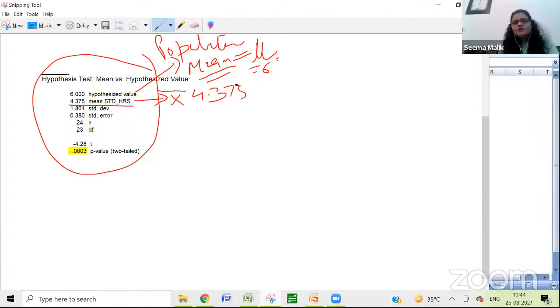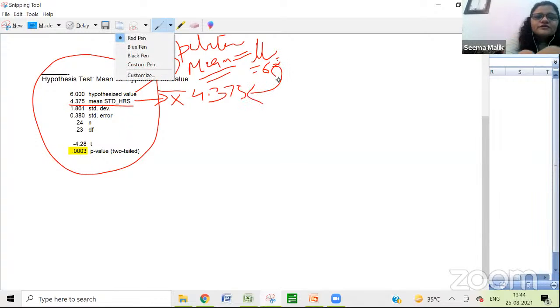I have already told you earlier about this. Parametric tests are those which are intended towards making a comparison. So I am going to compare this value 6 with 4.375.